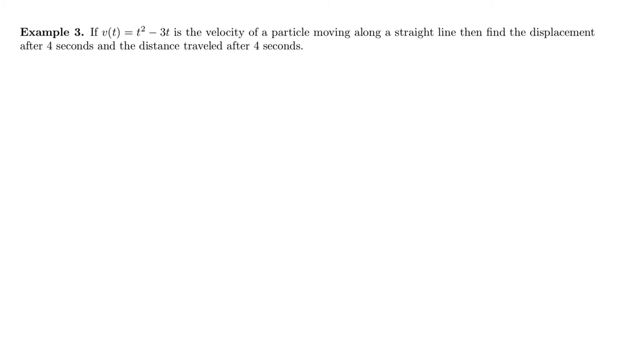Okay, so this is a great example of the difference between net change and total change. So displacement versus distance, when the function we have now is the velocity, or the rate of change of the position of a particle.